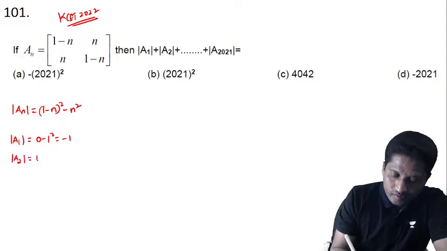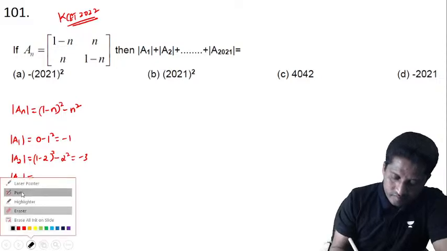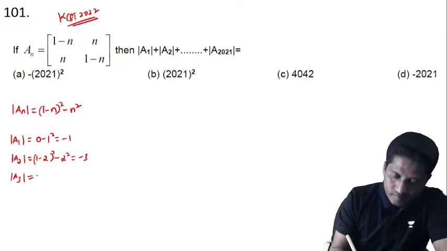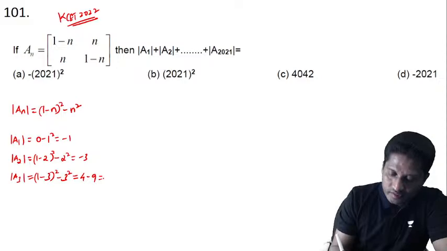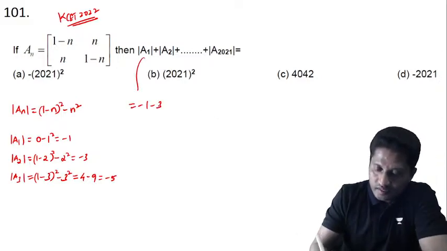Determinant of A2 is equal to 1 minus 2 the whole square minus 2 square, which is minus 3. Similarly, determinant of A3 is equal to 1 minus 3 the whole square minus 3 square. So we get 4 minus 9, which is minus 5. So if I substitute here, this is minus 1, minus 3, minus 5, and so on up to 2021 terms.